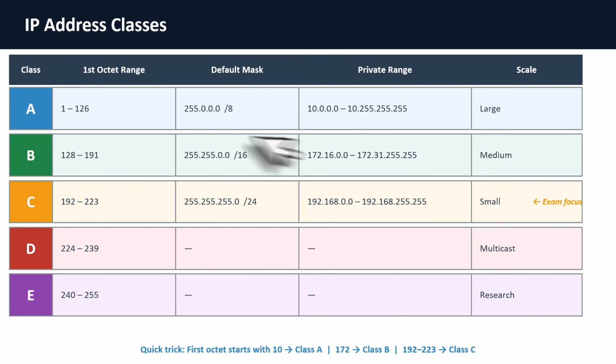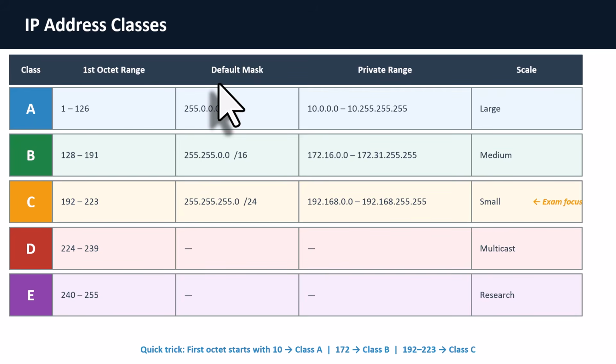So we have classful addressing, where we group our IP addresses based on the first octet. For class A, the first octet usually ranges from 1 to 126, and the default subnet mask is usually 255.0.0.0. Why?